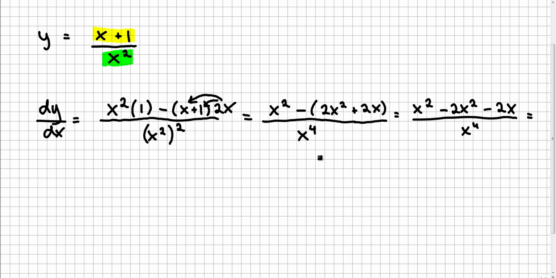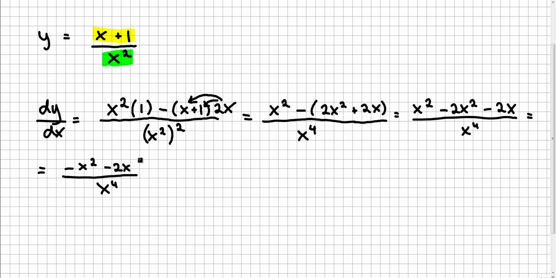So the last step would be x squared minus 2x squared is going to be minus x squared and then minus 2x over x to the power of 4. So the derivative of this function y is minus x squared minus 2x over x to the power of 4.